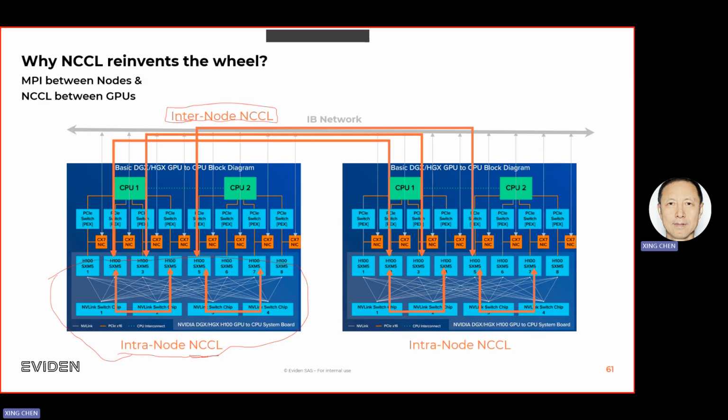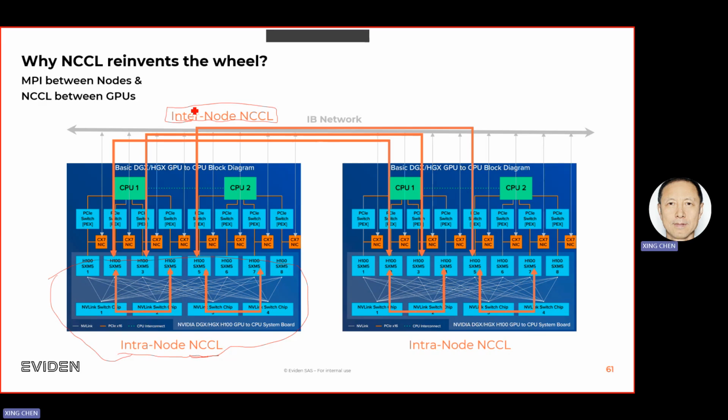So you have to use the two communication libraries together to make your code work. We are going to have a look at how a programmer is going to program the inter-node communications using NCCL plus the help of the MPI library.